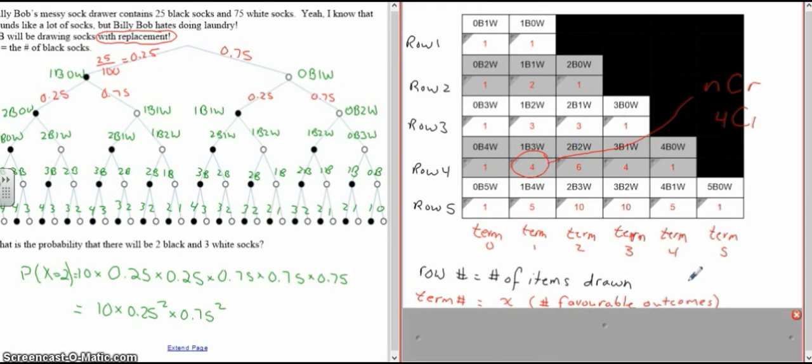So the number of items, we use an n, and the number of favorable outcomes, we use an x, and that will give you the number of branches. All right, so let's go back to the note and summarize all this.